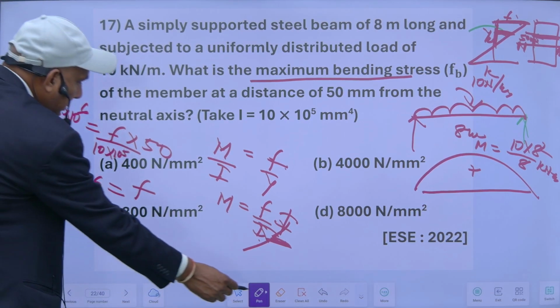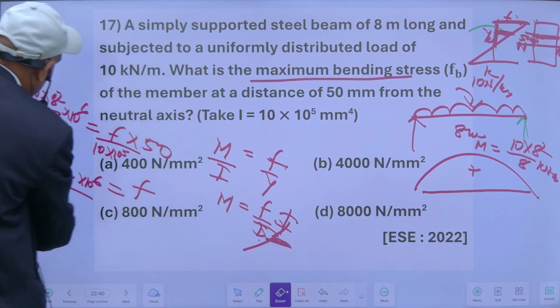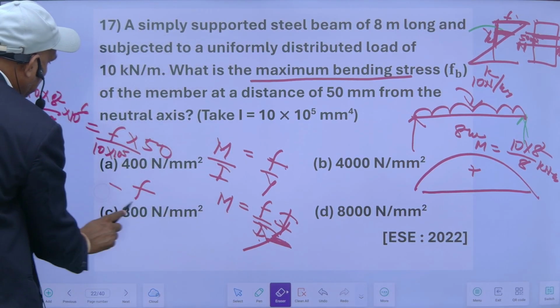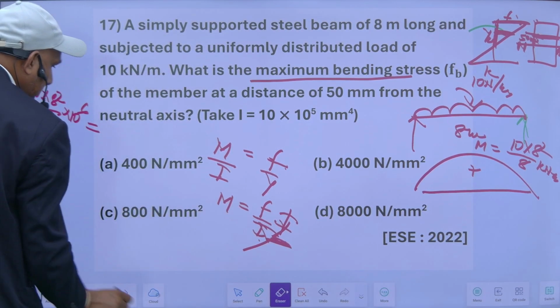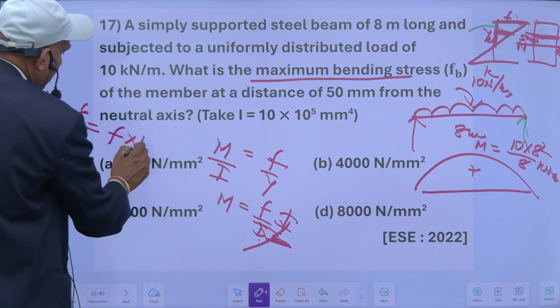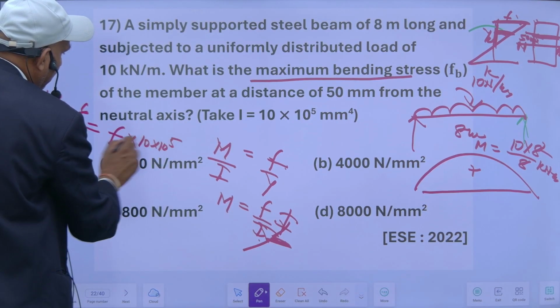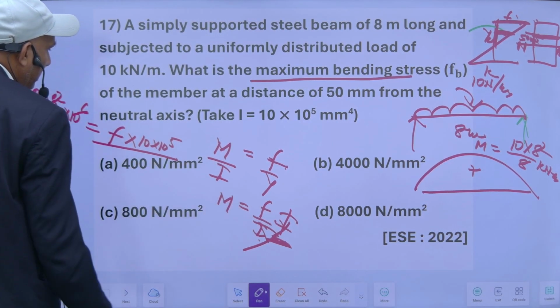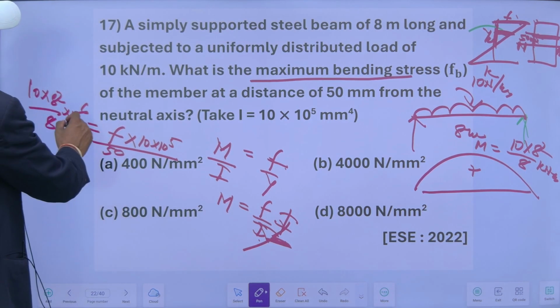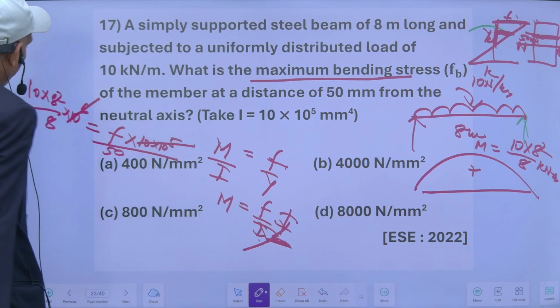M into y divided by moment of inertia, and this and this will cancel.